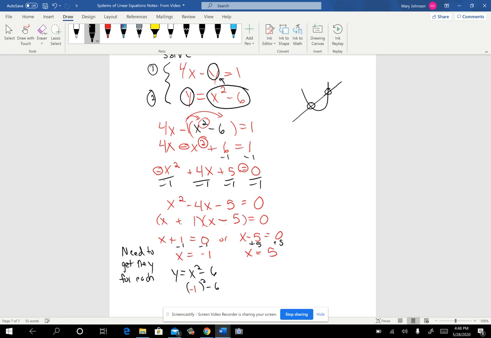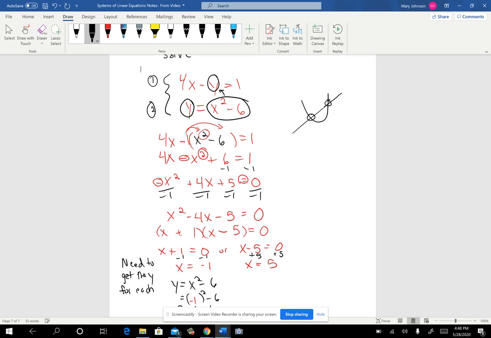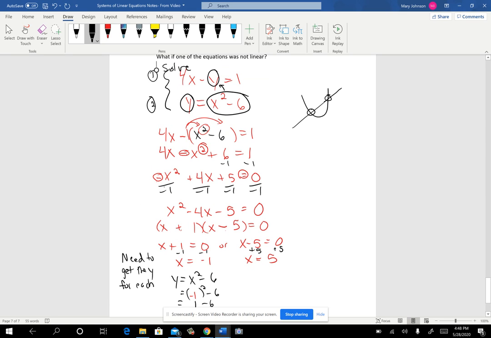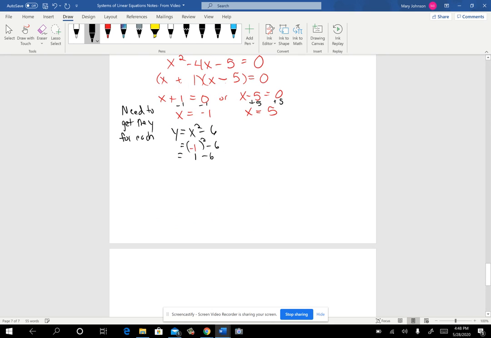Square that and subtract 6. And don't forget, a -1 in parentheses squared is 1. So that'd be 1 minus 6. Okay. So that gives me -5 on that one.